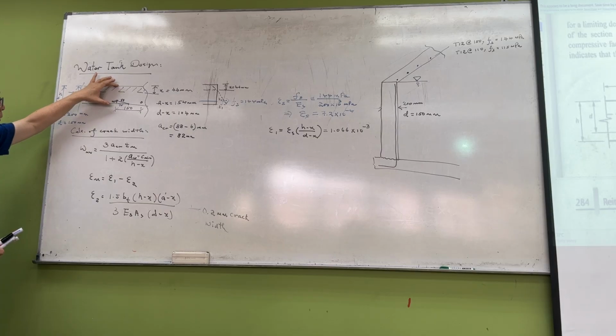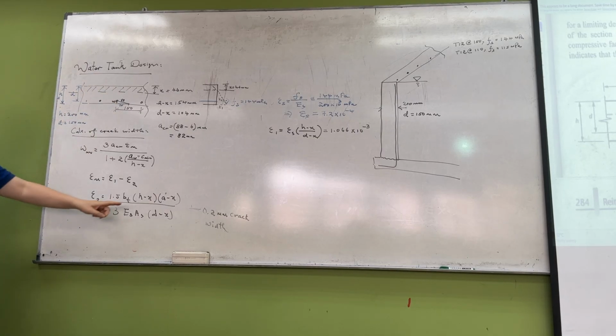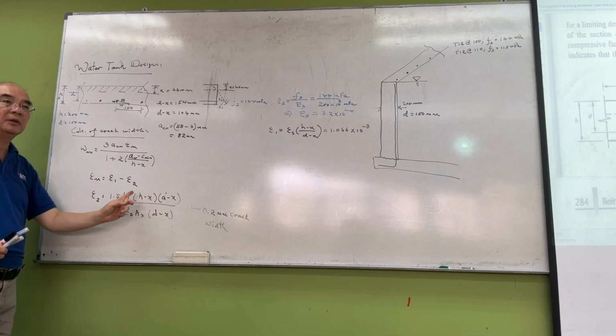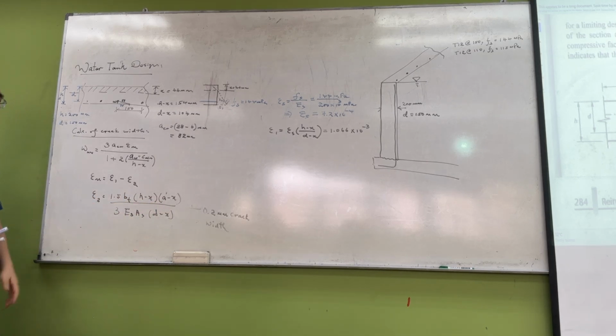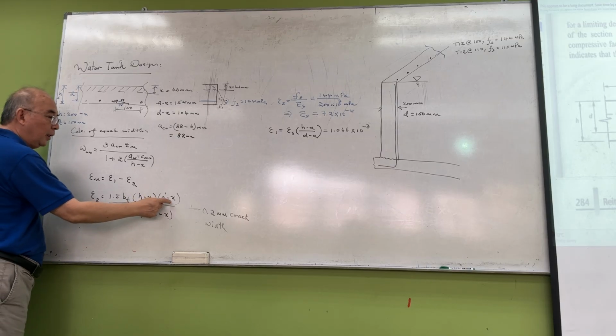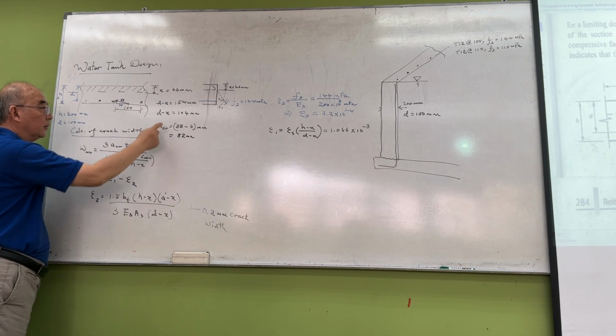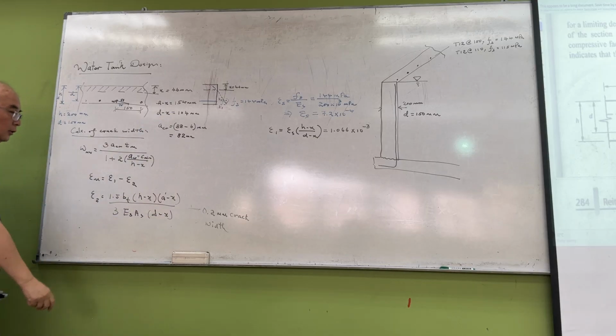So from here to here is my a prime. In this case a prime is the same as h for the slab. For the beam, you can calculate the crack at the side, so a prime could be different from h. So a prime minus x is the same as h minus x, which is 154, and d minus x is 104. Okay, so what do we have now?